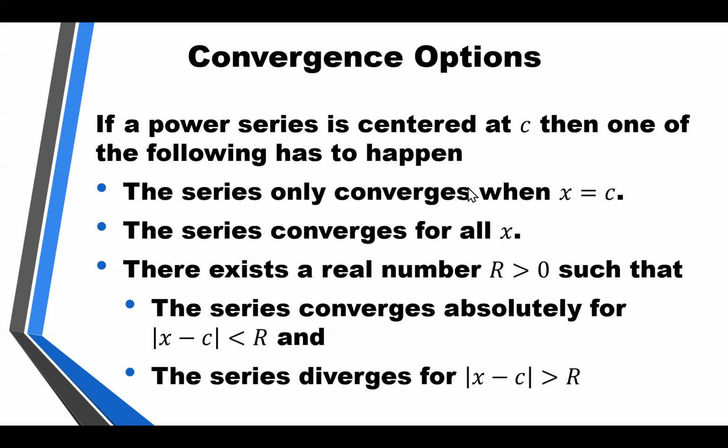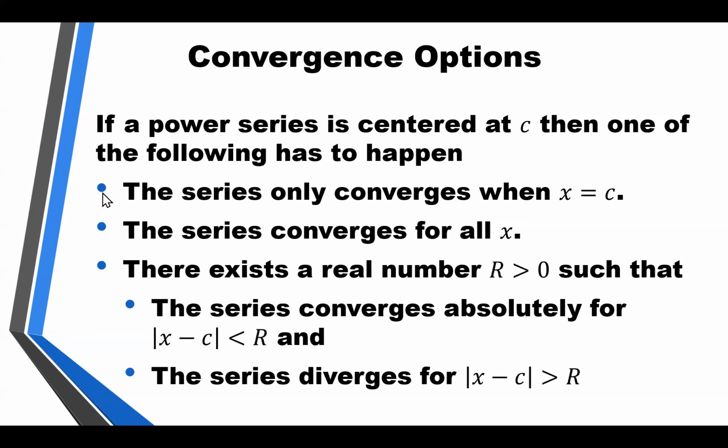The series only converges at a specific value like x equals 2, or the series converges for all values of x. You can guess what's going to happen with this third option, where we get a real number radius of convergence that's non-zero. That's going to be the case where the exponential growth is the fastest growth around.